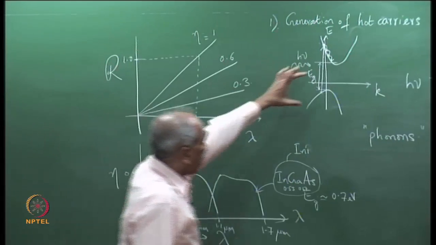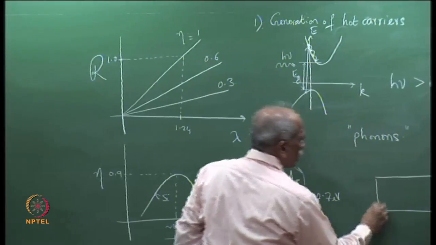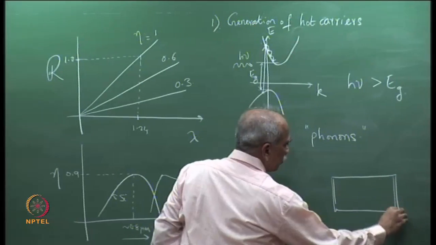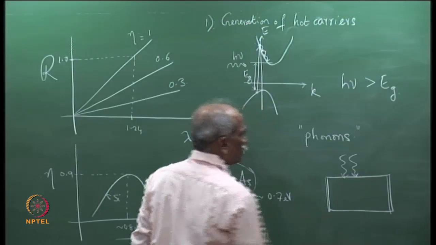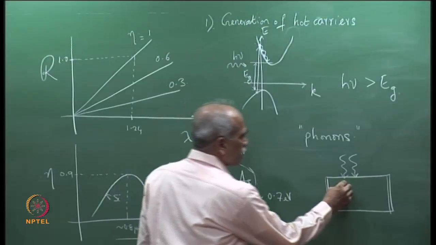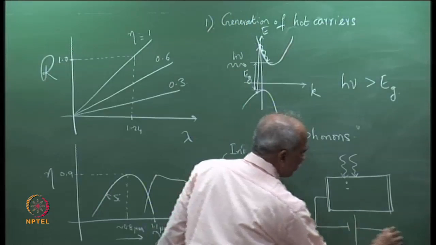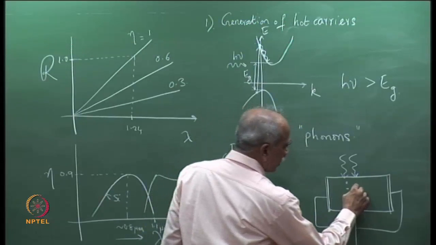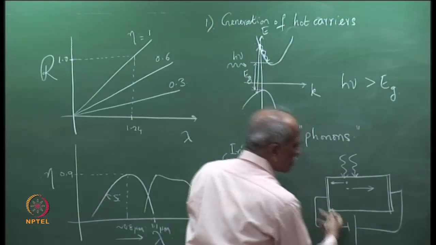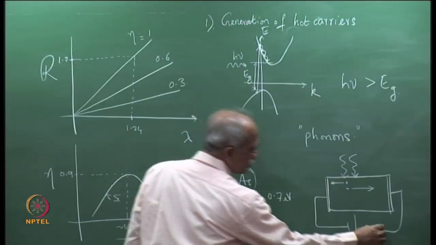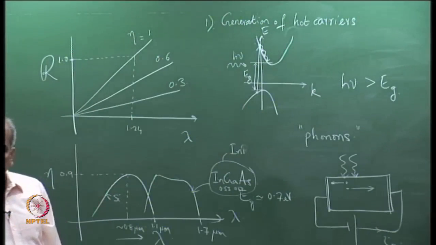Please recall we are discussing a photodetector here, a material on which photons are incident, and it is generating electron hole pairs. So if you apply a bias, then electrons will move in this direction, holes will move in this direction, and the carriers are collected, and this is what is responsible for the reverse photocurrent IP. There is a photocurrent in the circuit.